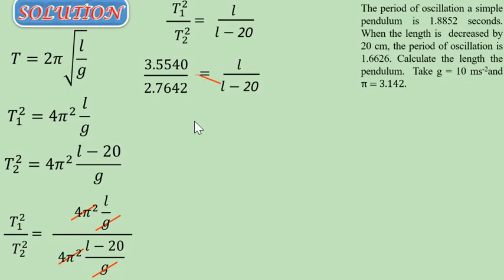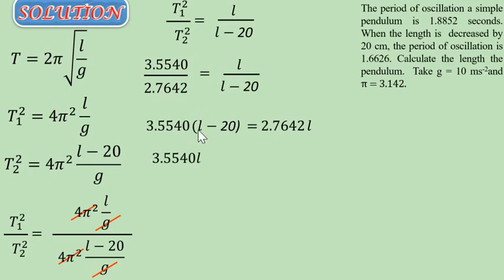We are going to have 3.5540 times (L minus 20) equal to 2.7642 multiplied by L. Now we distribute 3.5540 into L and minus 20, the terms in the bracket.